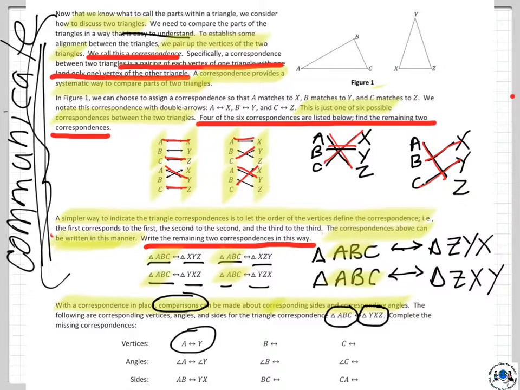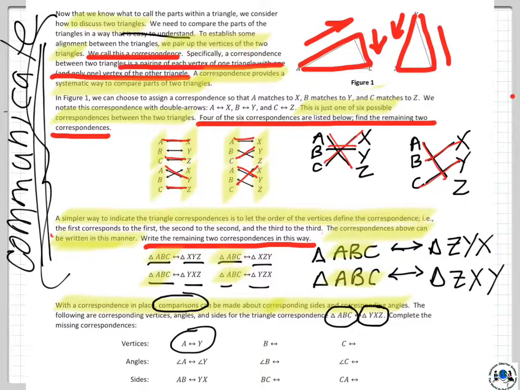So now we're looking at these two right here, ABC, moving that way, which corresponds to YXZ, which goes this way. So now we have A corresponding to Y, so A there, Y there. Those are the vertices. Then it's angle A and angle Y, which makes sense.